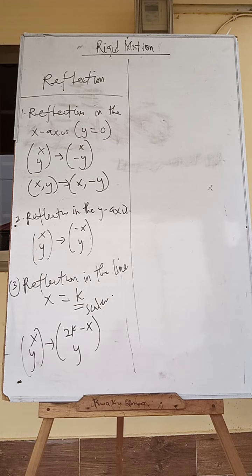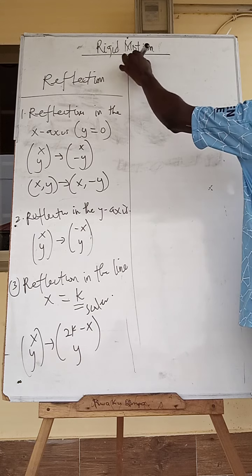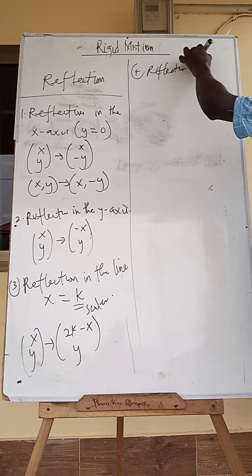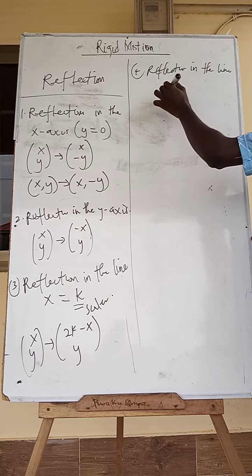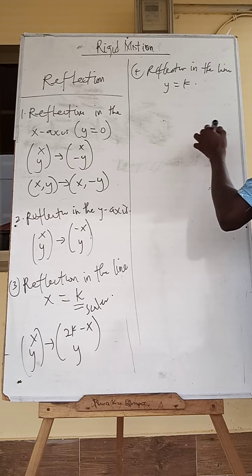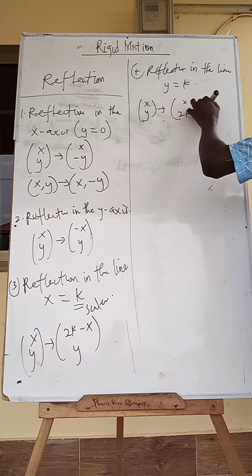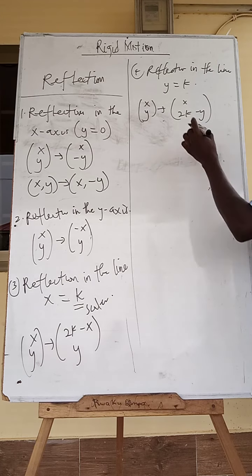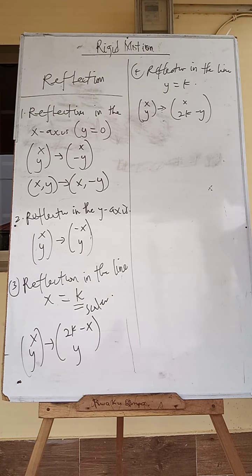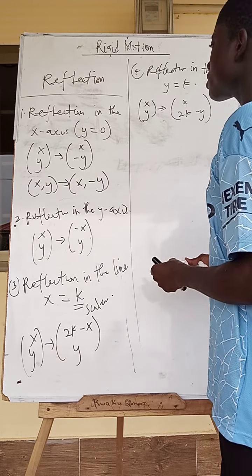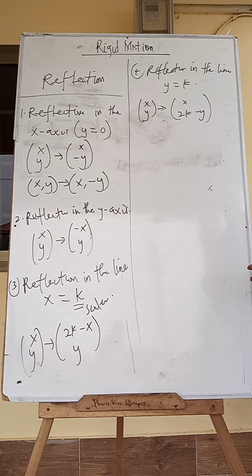Then our last one, we are going to solve more examples so you understand. Reflection in the line y equal k. So we have (x, y) maps to (x, 2k minus y). These are the formulas you are going to use. So you have to take notes. You have to find ways to memorize all these.